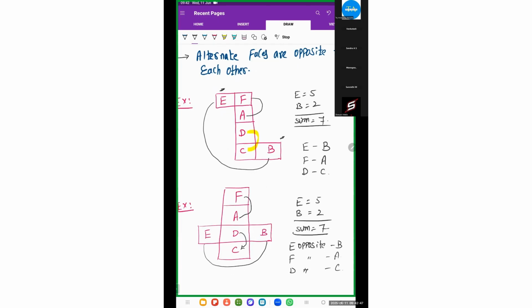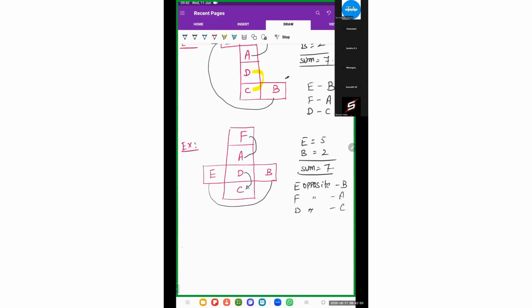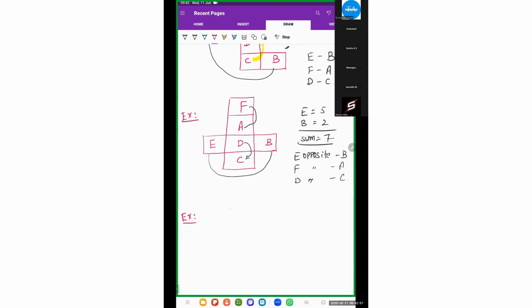So, one more example. You see the extension.